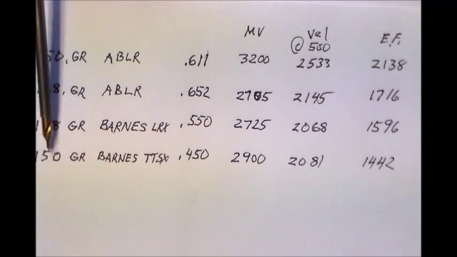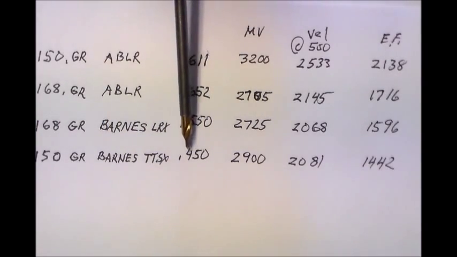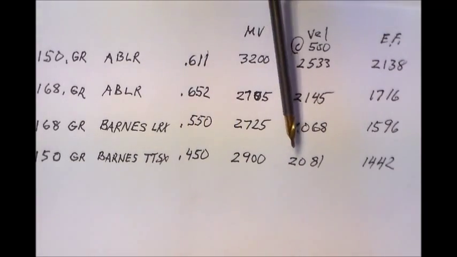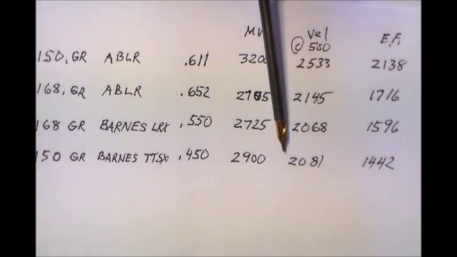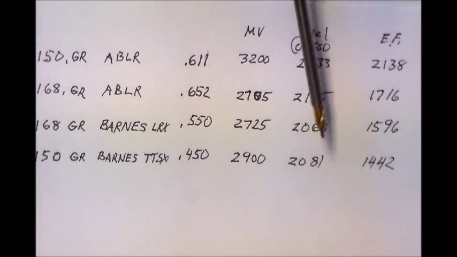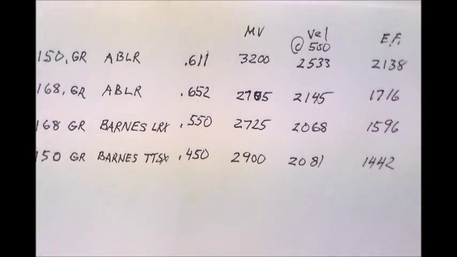Then we have the Tipped Triple Shock by Barnes 150 grain. 0.450 is the ballistic coefficient value, the velocity 2900, and at 500 yards it's moving 2081 feet per second, and the energy foot-pounds is 1442. So with this program you can get a good idea on your velocities and different bullets and calibers and what might have enough energy foot-pounds to meet your needs downrange.